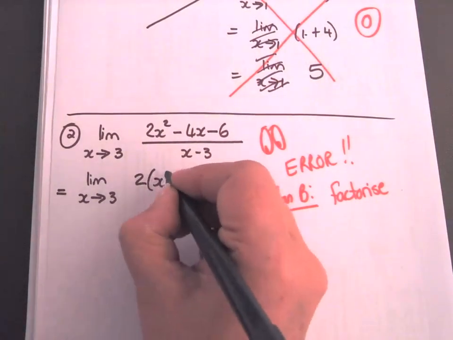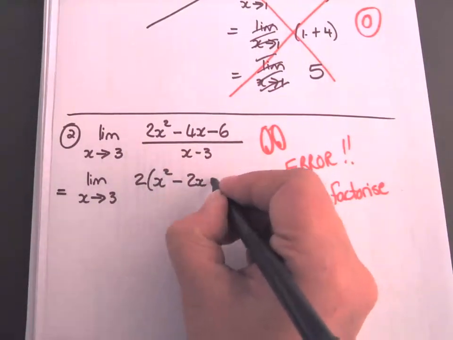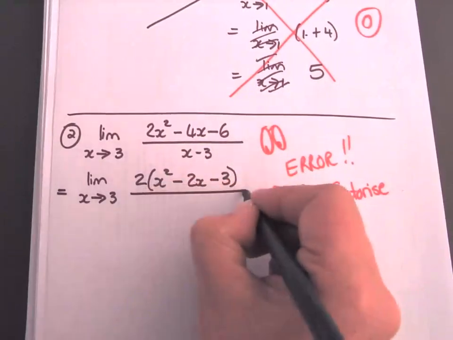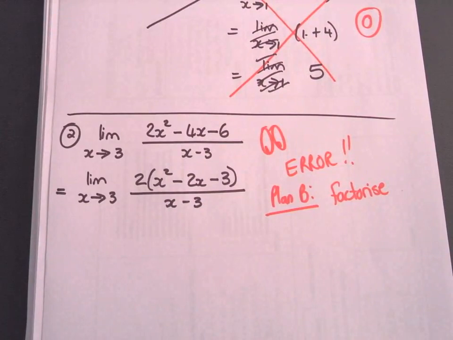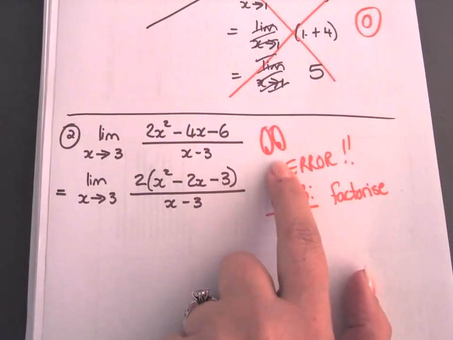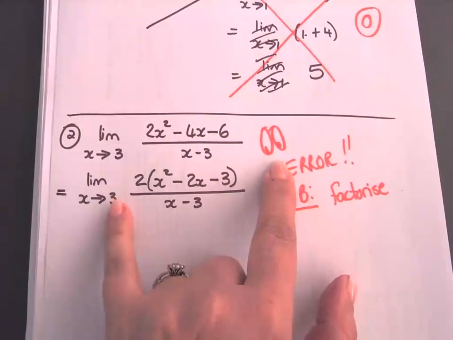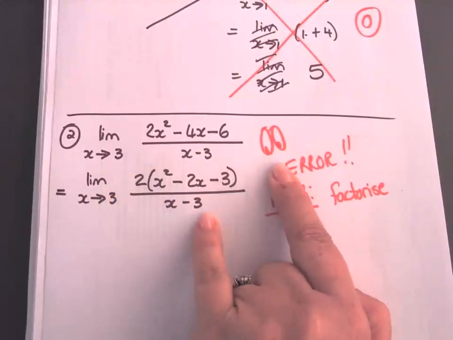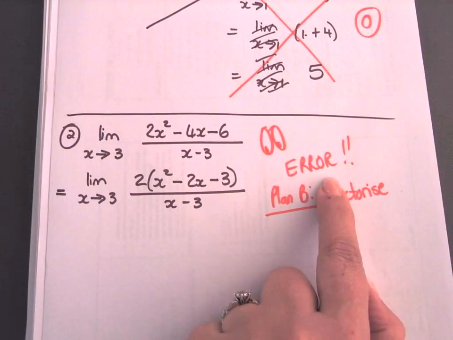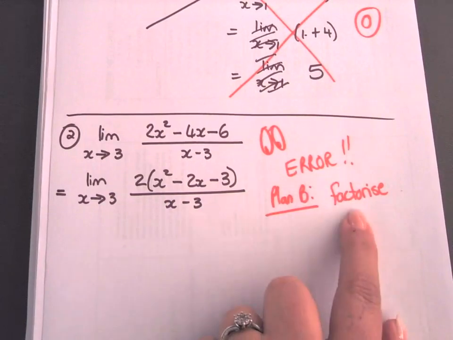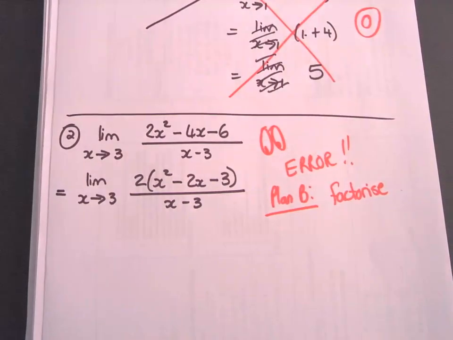Good. 2 times x squared minus 2x minus 3 over x minus 3. Now you look again. If I substitute the 3 into the denominator, will I get an error? Yes. What's plan B? Factorize. So I still need to factorize again. What can I factorize now? The trinomial.